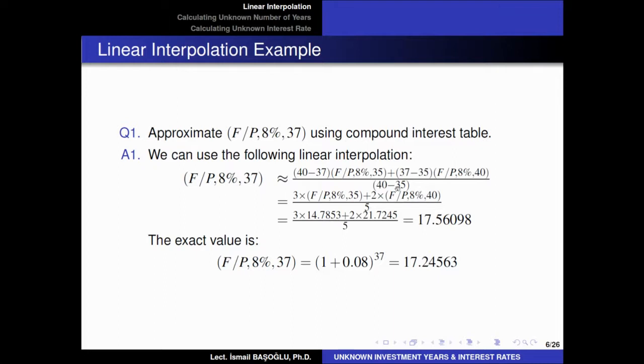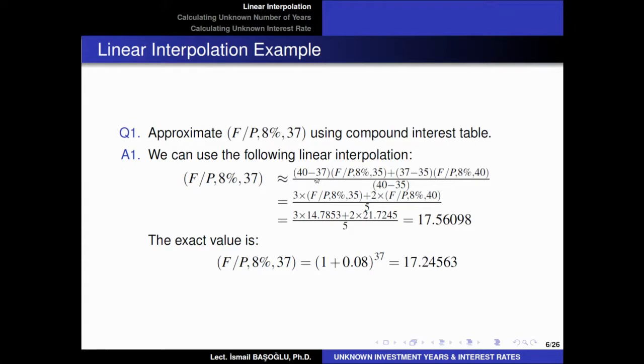Now 37 is much closer to 35, as you can see. Therefore, the weight of the compound amount factor for 35 years must be greater, right?